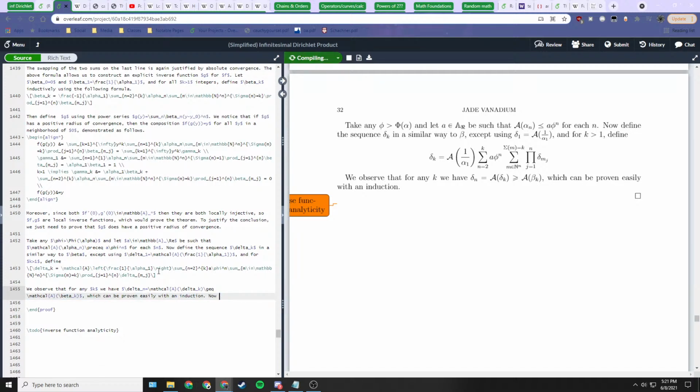Okay, here's the part I haven't done yet. Now we have to prove that this whole expression reduces to something kind of nice.